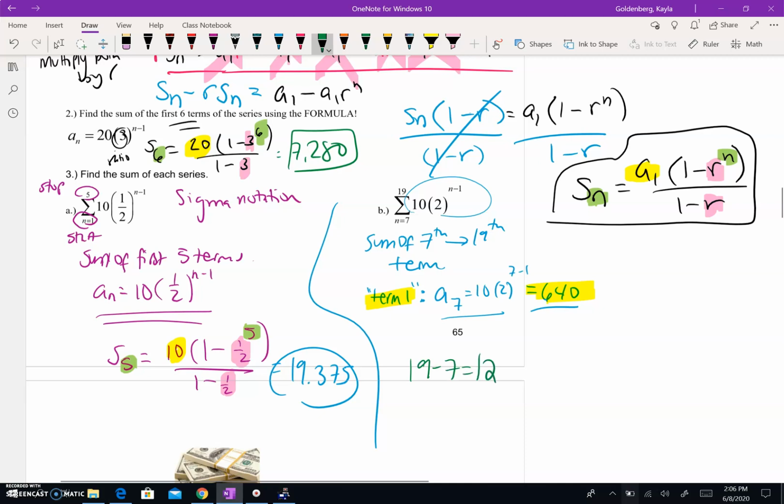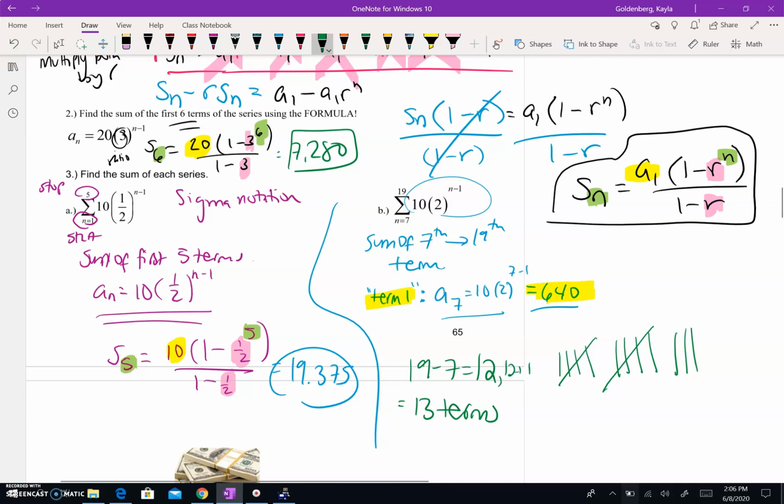But I want you to think about if you read pages in a book, you would read 7, 8, 9, 10, 11, 12, 13, 14, 15, 16, 17, 18, 19. So it's actually going to be 12 plus 1 or 13 terms. And a lot of students have trouble with this because they think of it as just subtraction.